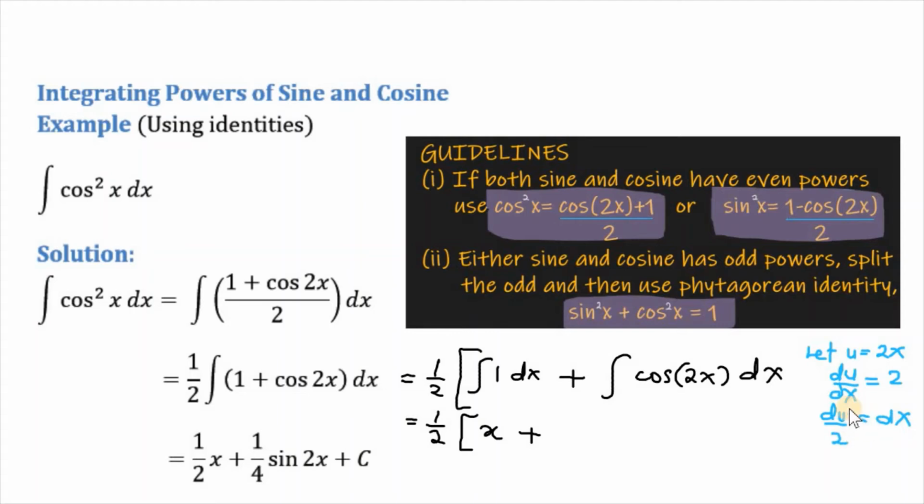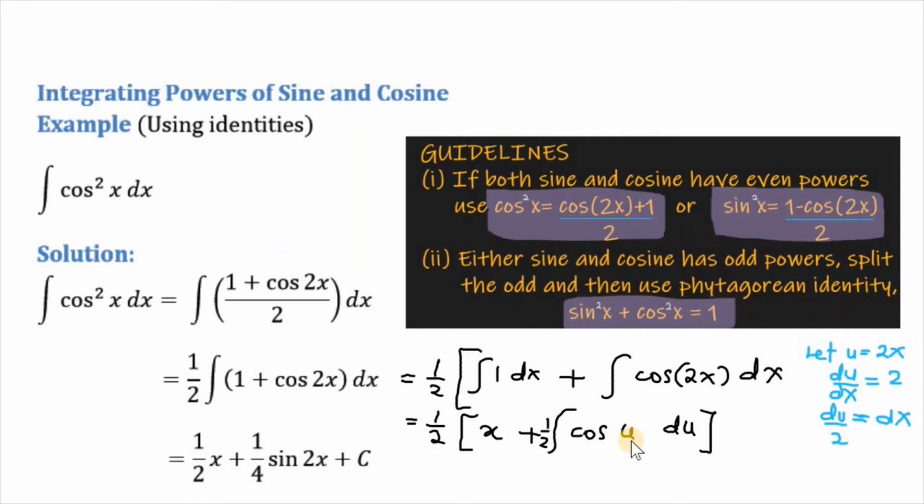As we change everything in terms of one variable, because you cannot integrate cosine 2x straight away, this portion now becomes 1 on 2. You can put the 1 on 2 in front, and you have cosine u, since dx is du on 2.